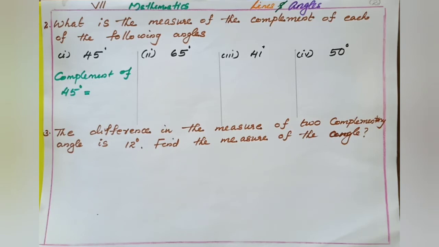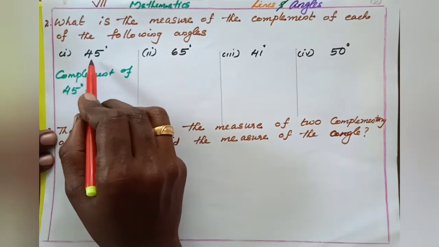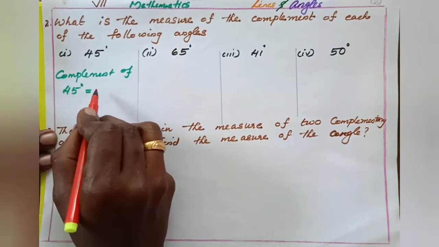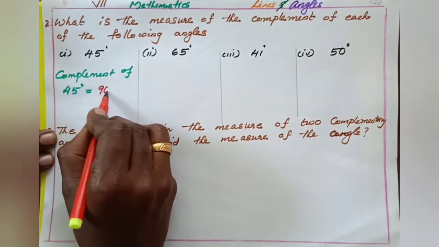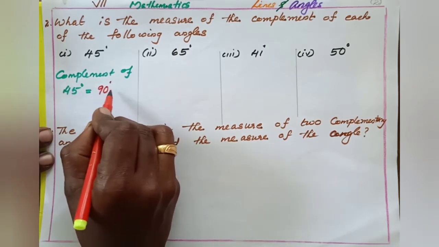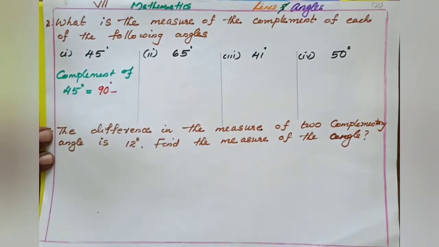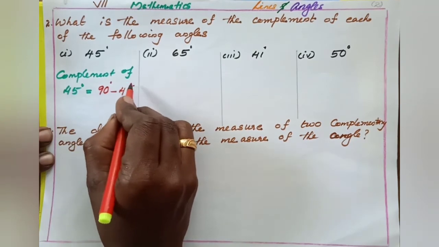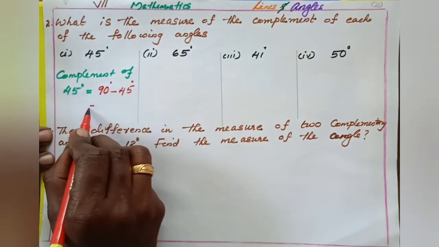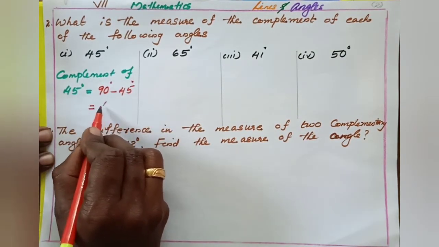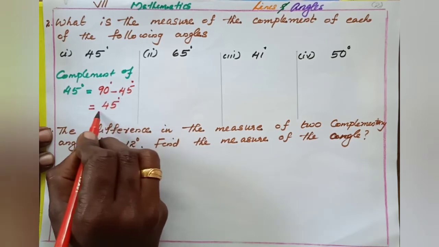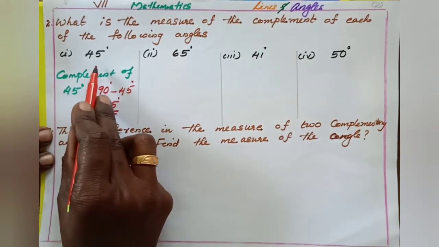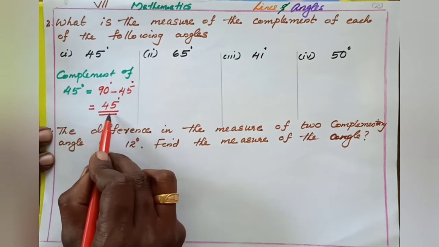So given one angle, to find its complement, subtract it from 90 degree. So 90 degree minus 45 degree. What is 90 degree minus 45 degree? Yes, 45 degree. So complement of 45 degree is 45 degree.